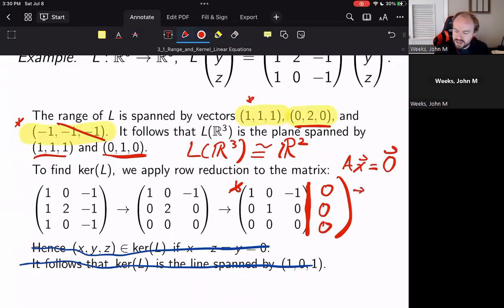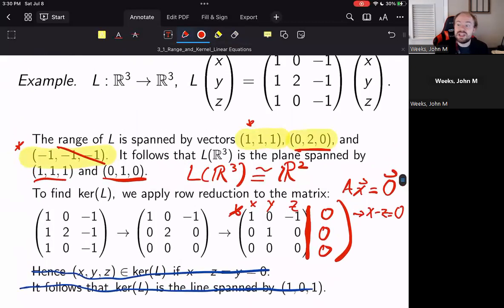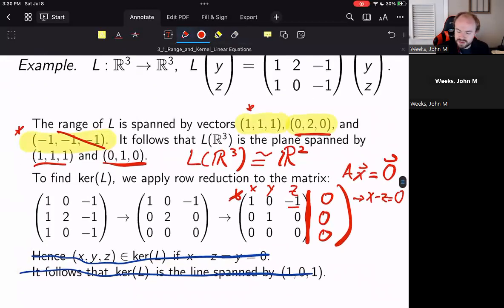This first equation is given to us as x minus z equals 0, because here we have x, y, and z being the variables associated to each of these columns. So x and z contribute their coefficients to this equation. And then also over here, we get y equals 0. So hence, we get an element inside of our kernel if x minus z equals 0, as well as if y equals 0.